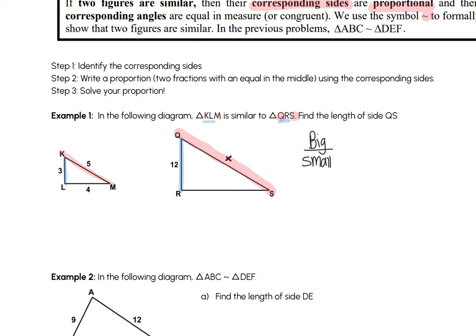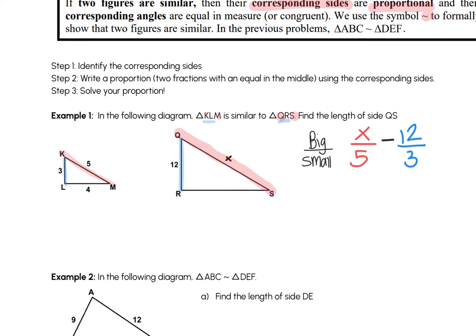That other side has a length of 5. So I'm going to set up my proportion as X over 5. Those are the sides that I highlighted in red. And then I'm going to do the other fraction in the same way. My big triangle, the side QR was 12, and my smaller triangle was 3.